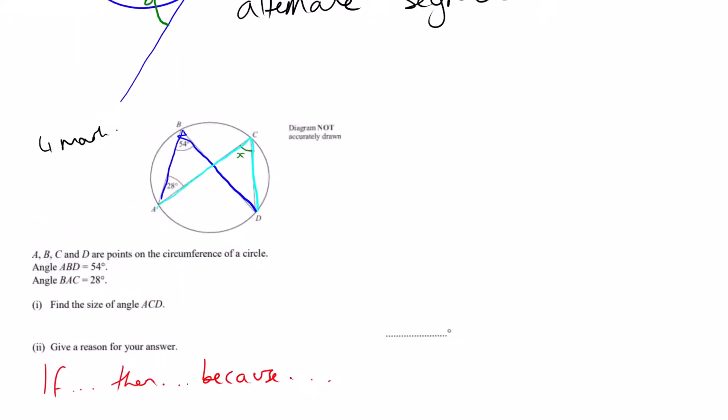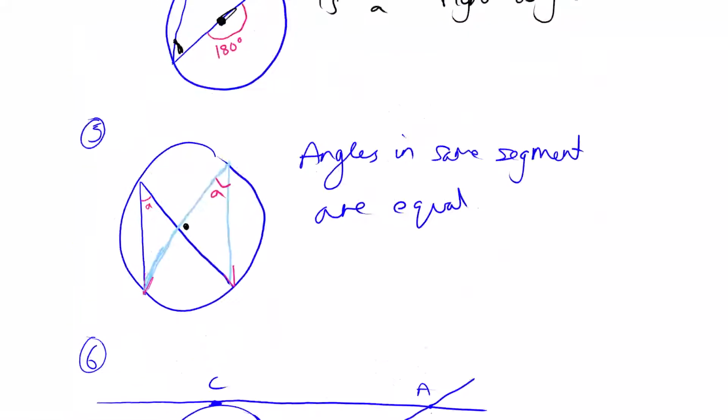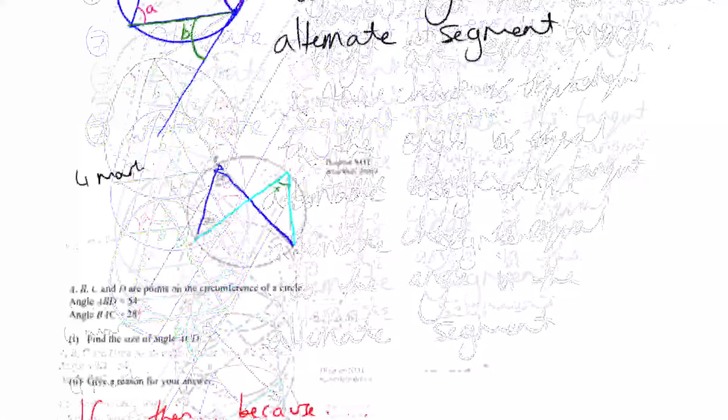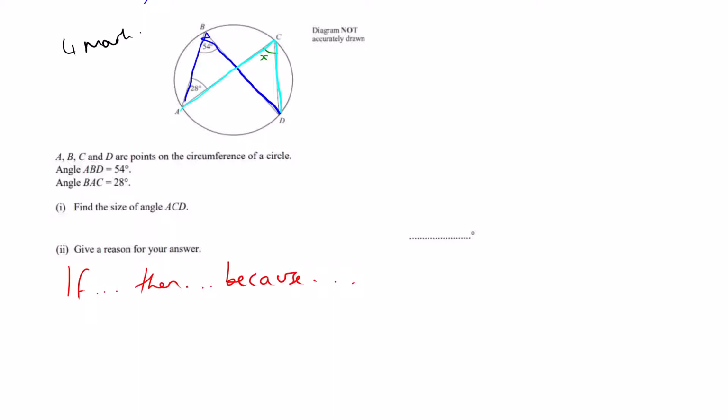So if we're able to go back to Theorem 5, we can see that angles in the same segment are equal. So let's remember that. Let's go back to the question. So angles in the same segment, 54, and X makes 54. Don't forget, always write the answer on the answer line. An examiner is not going to just wander around your page looking for answers. If you can't find it, you won't get the marks.